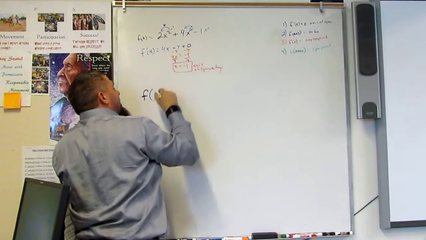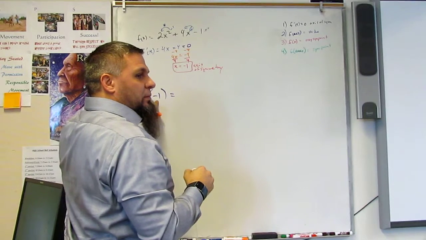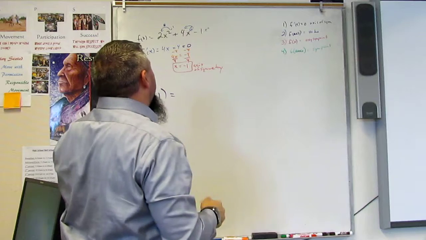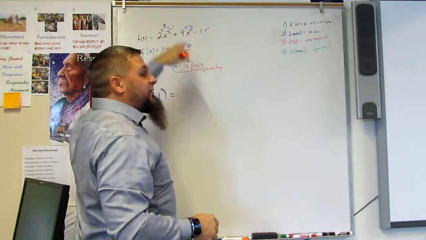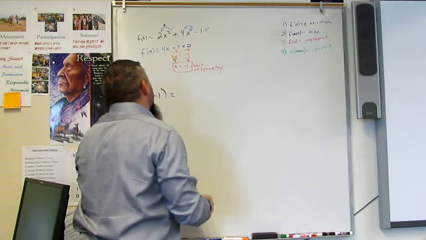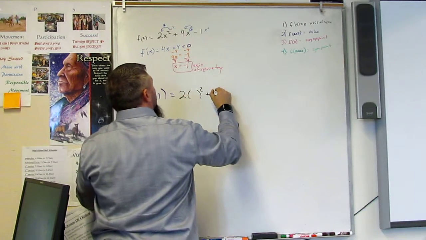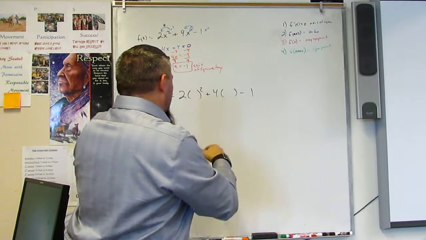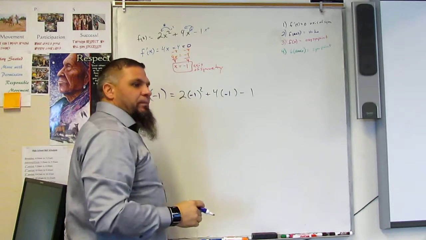So I've got -1 plugged in. Is that better? Yeah. Okay. So f of -1. Now I'm just plugging that into this original function. The original function was 2 times the x squared plus the 4x minus the 1. And I'm just plugging in this negative 1.